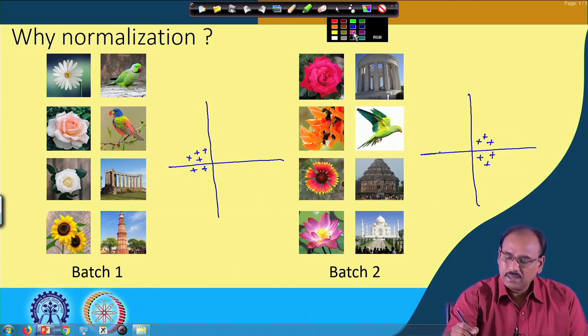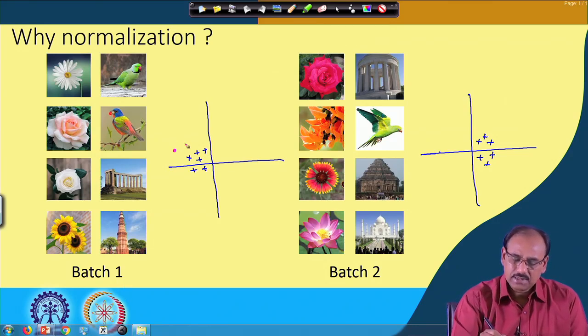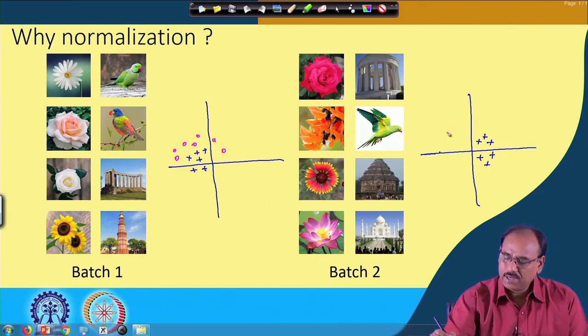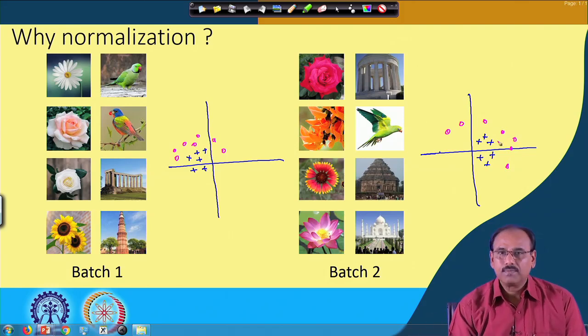On the other hand, if you take examples of negative classes, maybe they will have distributions of this form.